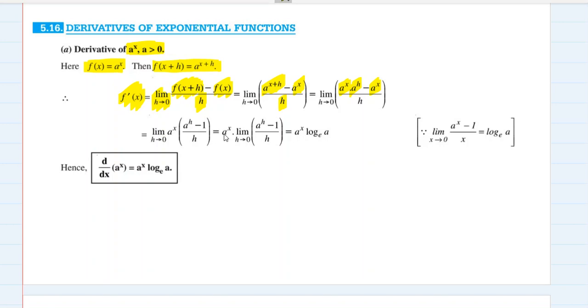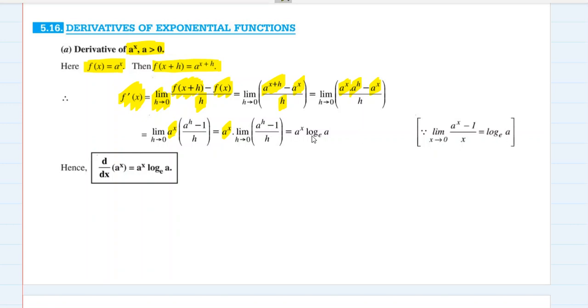Since a raised to x is a constant, it can be taken out of the limit. And here a raised to h minus 1 upon h is a standard formula with which you can solve it. The limit of a raised to x minus 1 upon x when x tends to 0 is log of a to the base e.